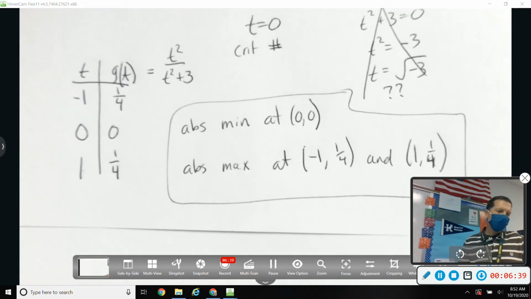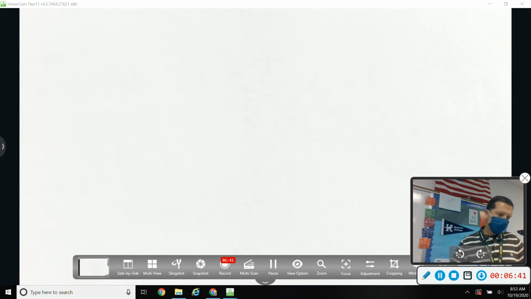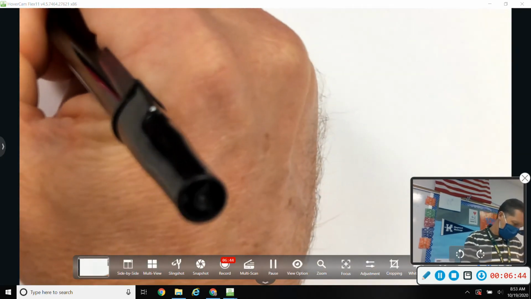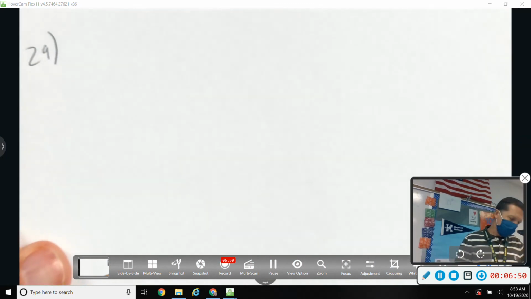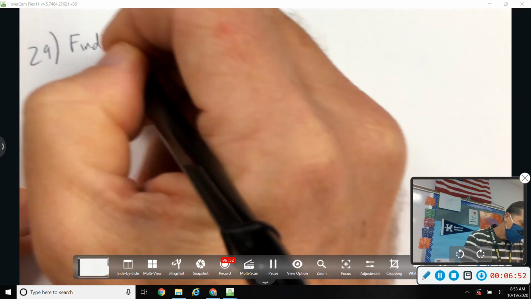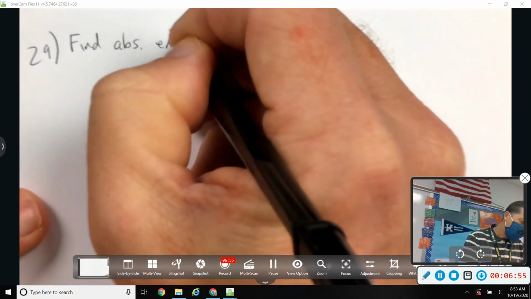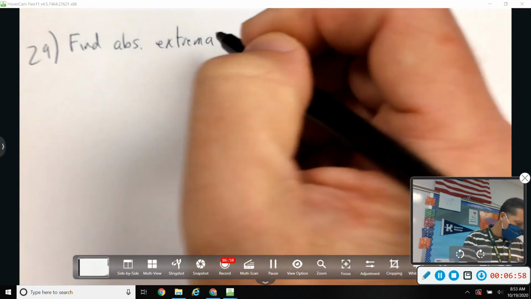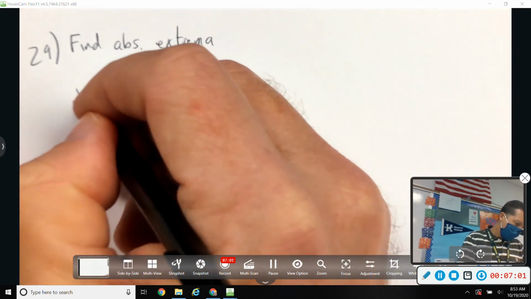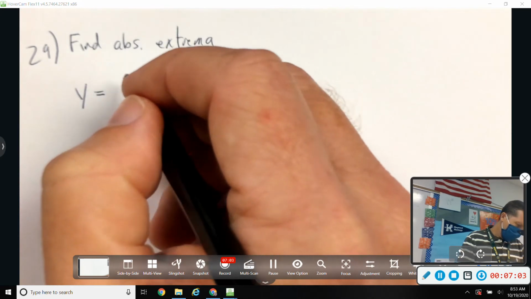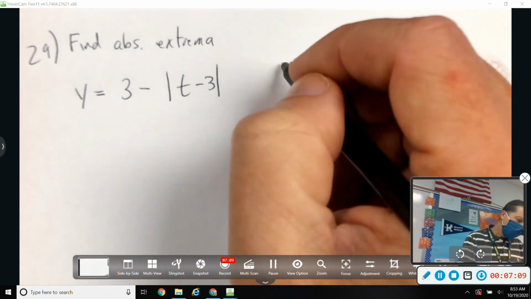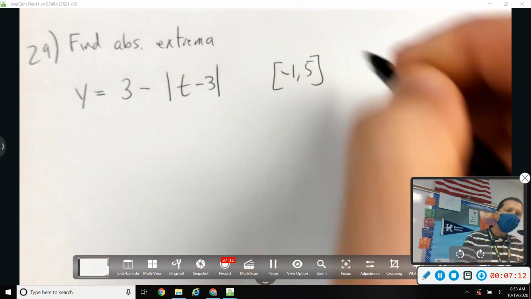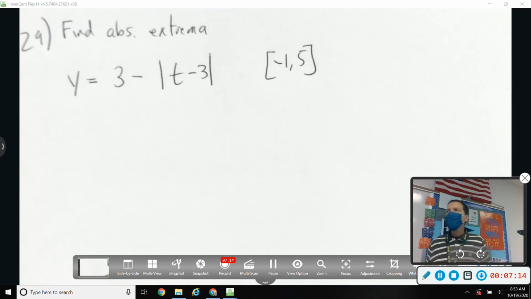All right, let's look at number 29. So same section. Find the max and min. Find the absolute extrema. Or y equals 3 minus absolute value of t minus 3 on -1 to 5. So big picture, it's the same type of question going on here.